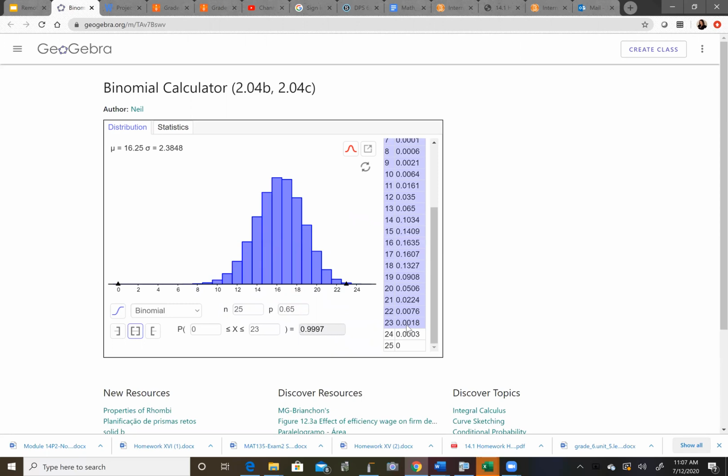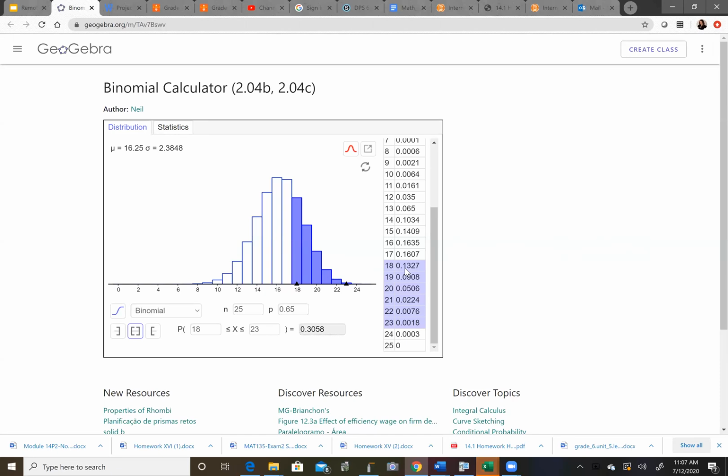But then we want to subtract out everything to 17, okay? So that what we get is 18 to 23. What would be left over if we subtract everything out to 17 would be 18 to 23.